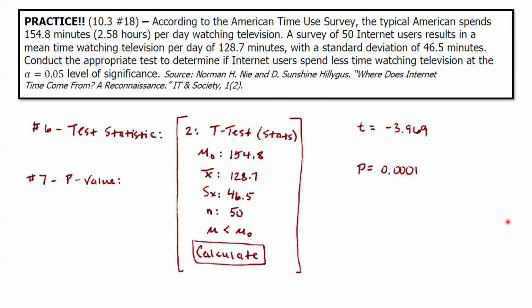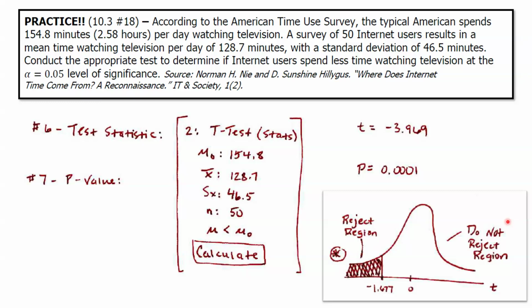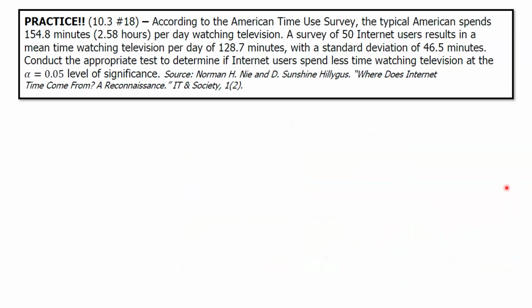So now we can identify our test statistic on our image that we drew in step number 5, and we see that it lands in the reject region. Okay, so from there you made your decision in step number 8.